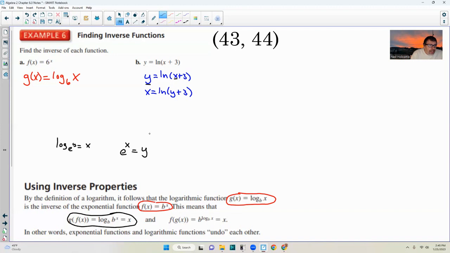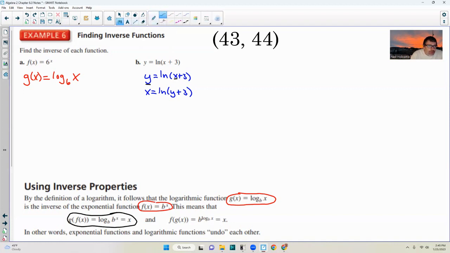But if I take e to the natural log, well, remember the natural log is base e. So what I'm going to do to solve this problem is try to cancel it out. I want to cancel out the bases.